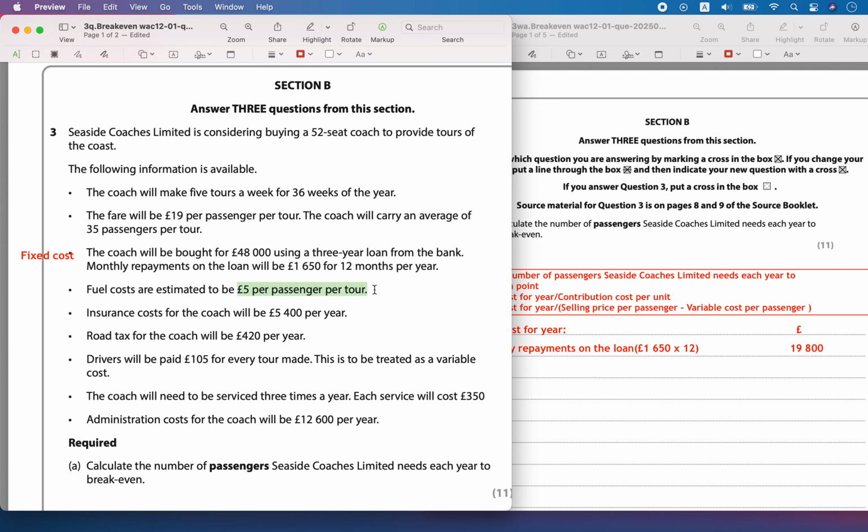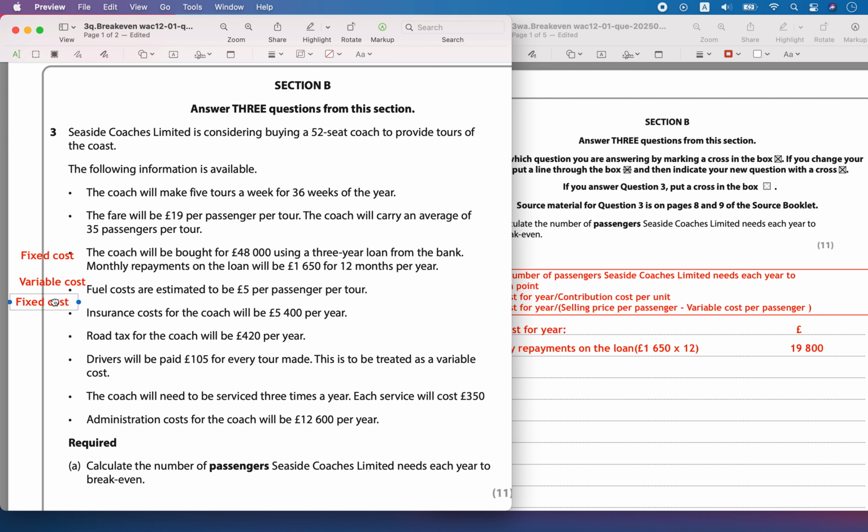Then the fuel costs are estimated to be 5 pounds per passenger per tour. This is dependent on the number of passengers being carried. If you carry more, your variable cost is going to be higher; if you carry less, you will have less variable cost. So here they have given fuel as a variable cost. Then insurance for the coach will be 5,400 per year.